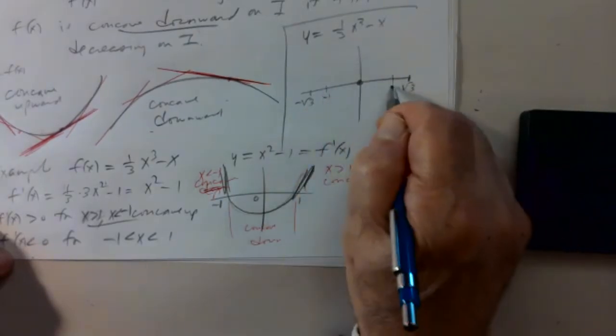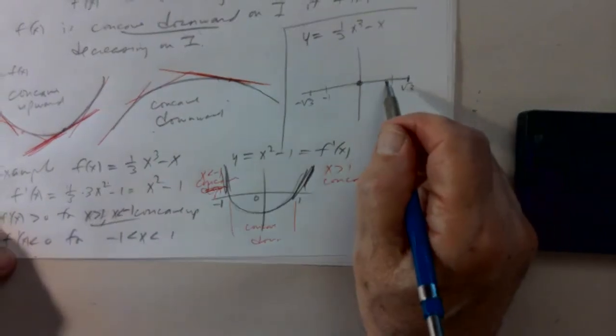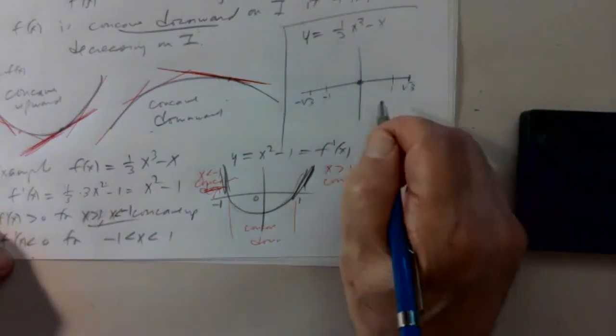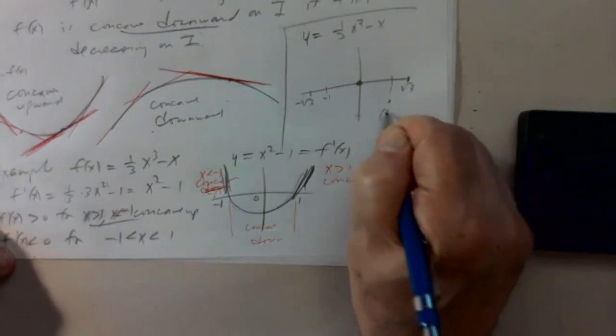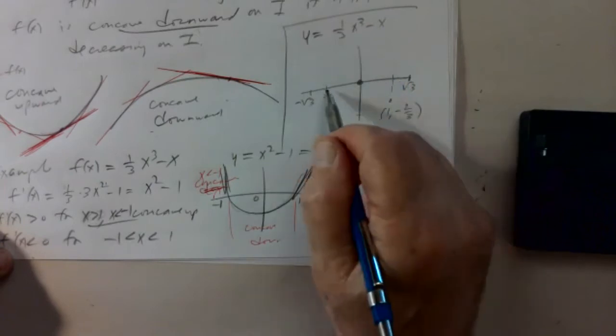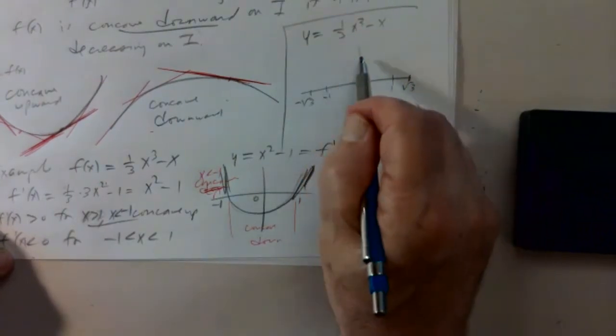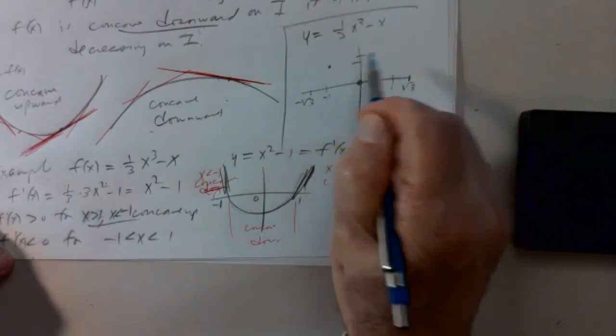And here's minus 1 and 1. When x is equal to 1, you get a third minus 1. Minus 2/3. When x equals minus 1, you get minus a third plus 1. You get x equal to plus 2/3.